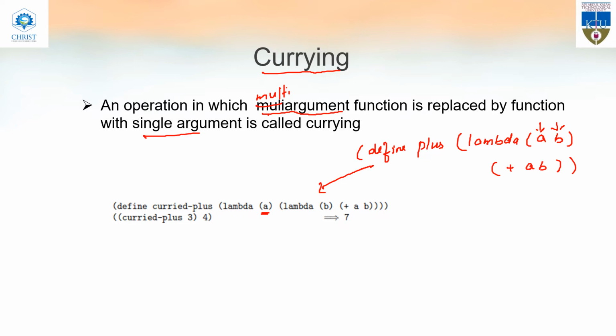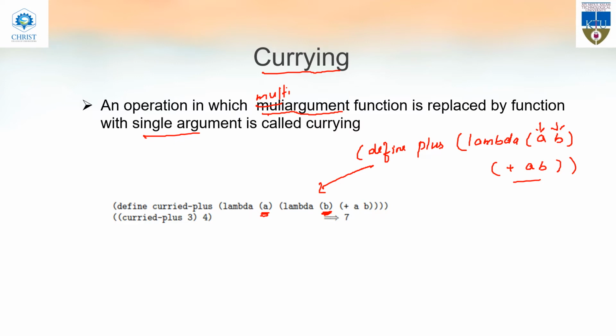Inside this function body I will be defining another function with an argument b. Clear? Inside the body we will be doing the same, plus a b.